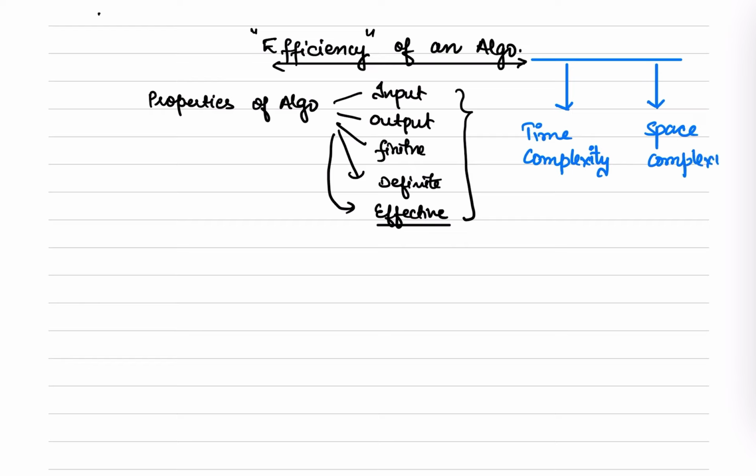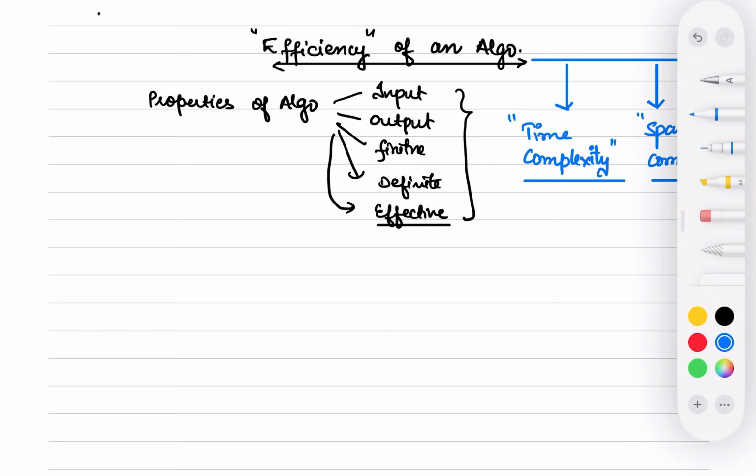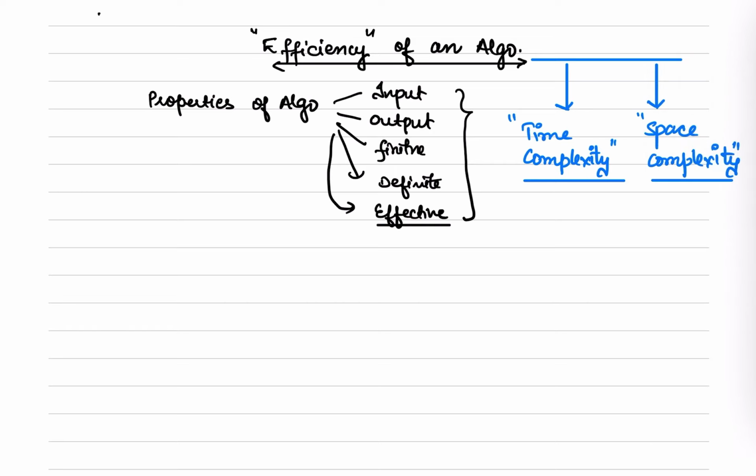So any algorithm's efficiency can be calculated by two factors, that is time complexity and space complexity. Now what are these? Let's discuss them briefly in this video, and in separate videos we are going to discuss each topic individually and solve a lot of examples on them to calculate both the time and space complexities, or we can say efficiency.